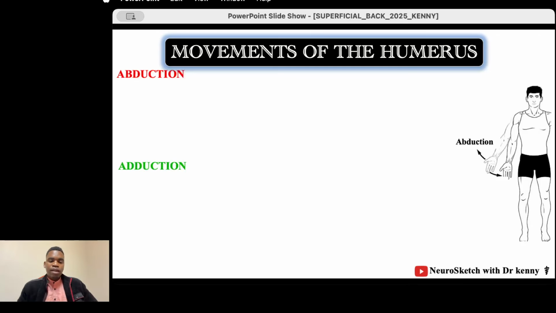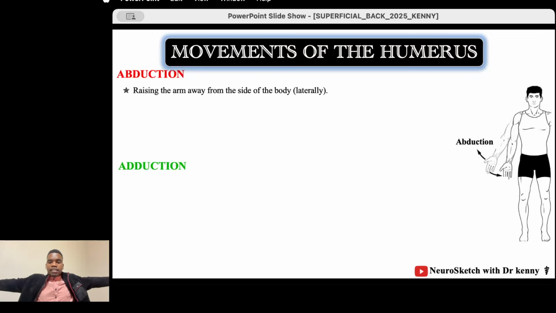Okay, so we have abduction and adduction. Abduction is movement away from the body, laterally away from the body. For example, when an eagle spreads its wings as it starts to fly.